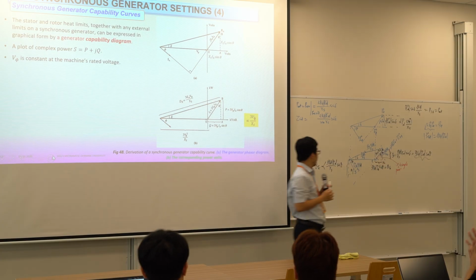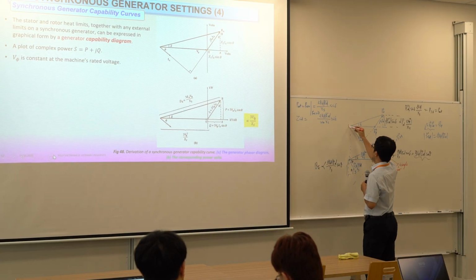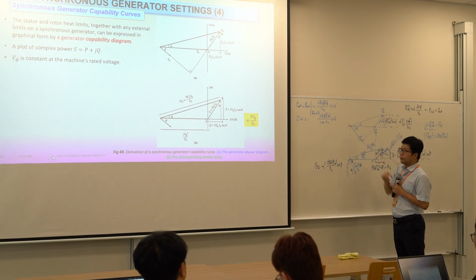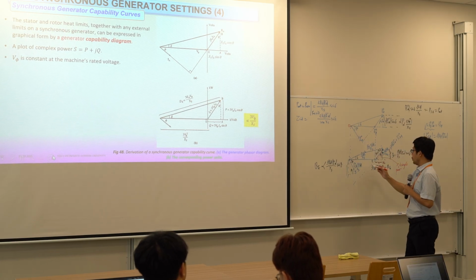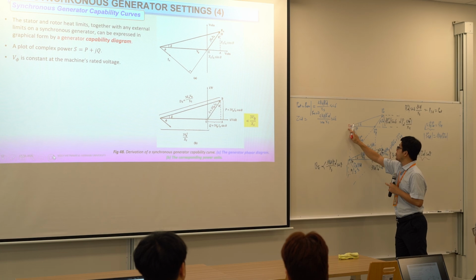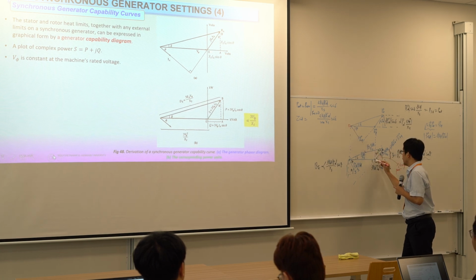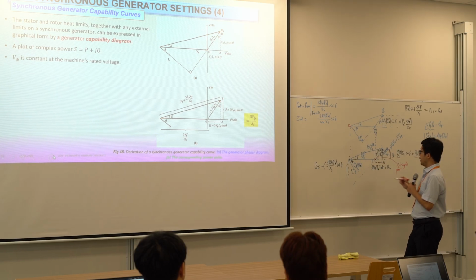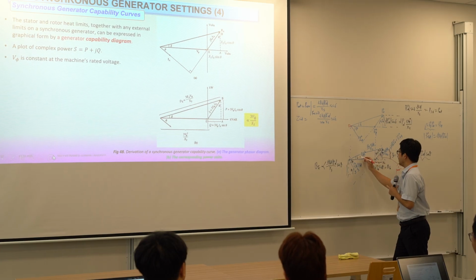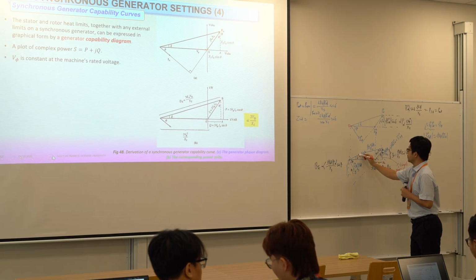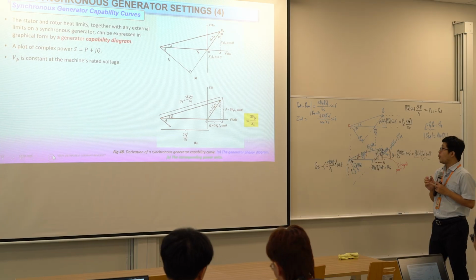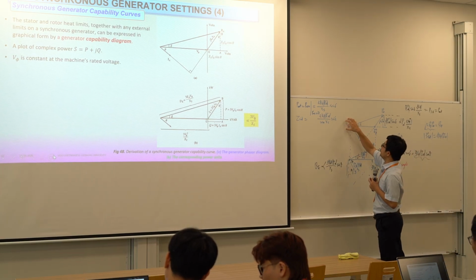But here, this is origins. For the phasor diagram, this is origins. So if I move the origins from here to here, we can get this segment is minus. Why do I need to move the origin here?